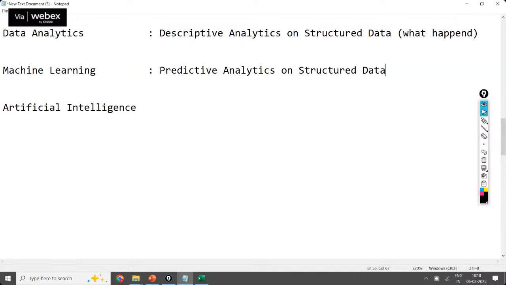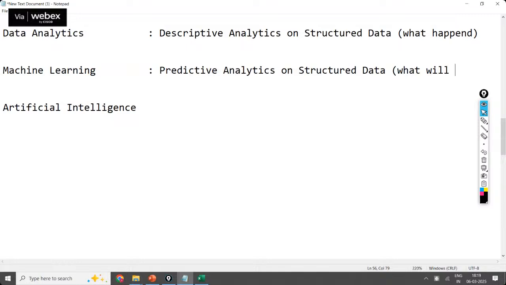The question is different. Answering for the future data is called predictive analytics, and questions completed for the past are called descriptive analytics. So you are applying predictive analytics on structured data. Here, instead of what happened, it is what will happen.